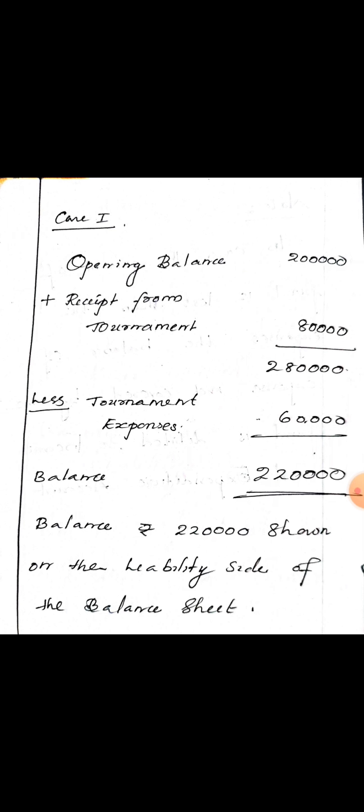Balancing figure 2 lakh 20,000, that is 2 lakh 80,000 minus 60,000. Since 2 lakh 20,000 is a positive figure, it will be shown on the liability side of the balance sheet.